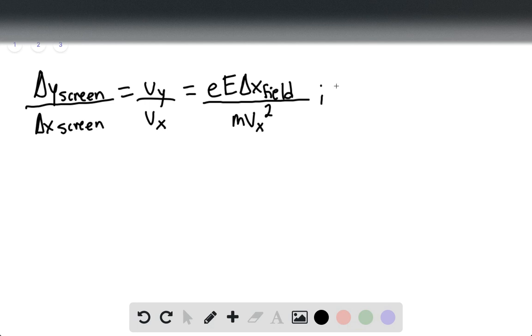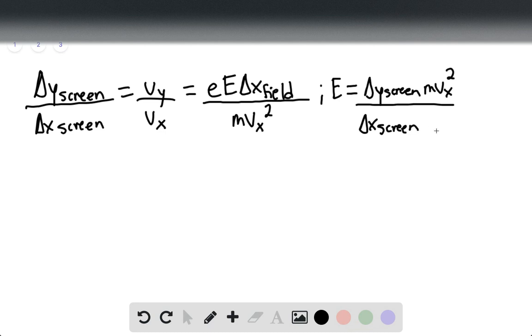So we know that E is going to be equal to delta y of the screen times m v_x squared divided by delta x of the screen times delta x of the field.